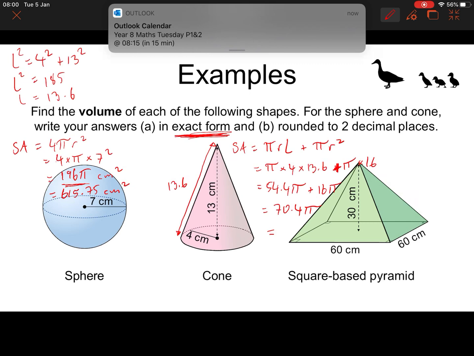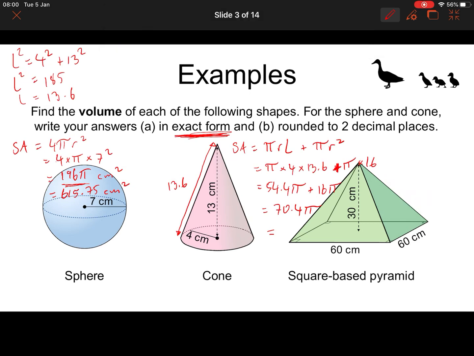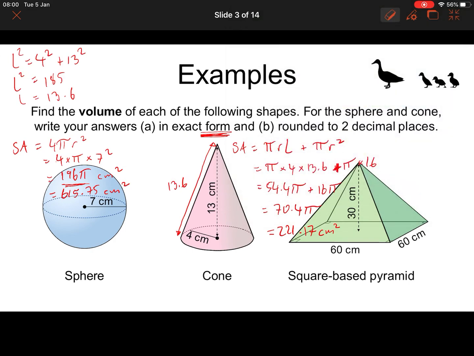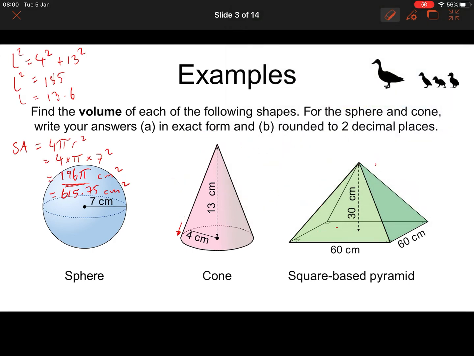Okay, and then to 2 decimal places, 70.4 times pi equals 221.17 centimeters squared to 2 decimal places. Okay, so you've got to make sure you're using the right information. It's pi RL, which is the slant height, not the perpendicular height.